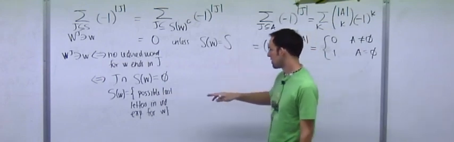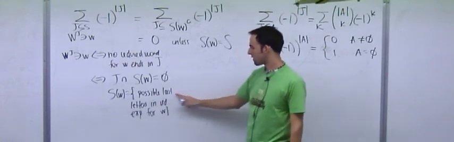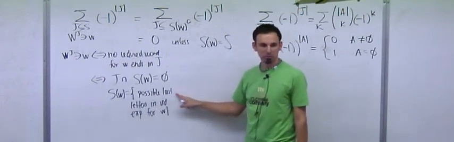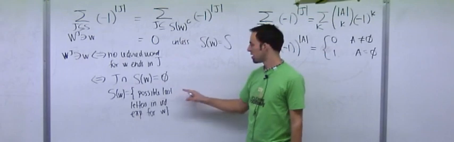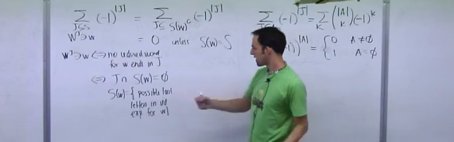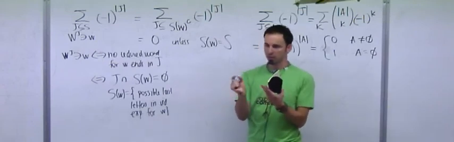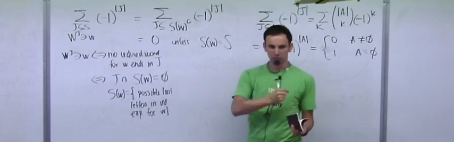It means that every generator can be the last letter in a reduced expression for w. But remember, when can a generator be the last letter in a word for w? When multiplying by that generator makes you shorter.